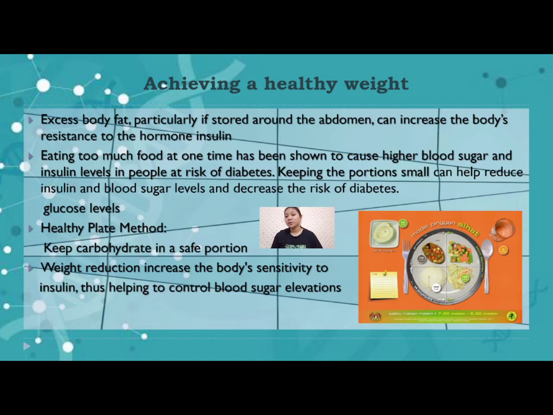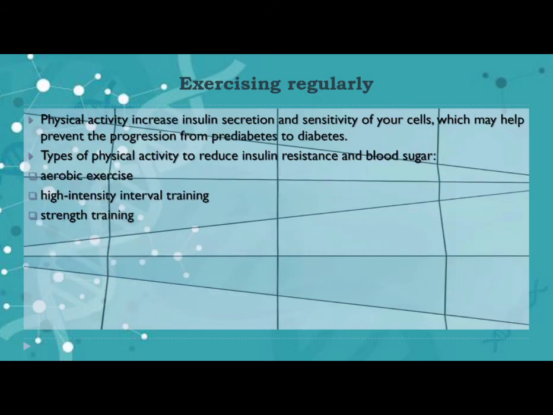People who are diagnosed with diabetes or pre-diabetes should begin with changing the amount of food they are eating. This is called healthy plate method to keep carbohydrate in a safe portion. Avoiding large portion sizes can help reduce insulin and blood sugar levels and decrease the risk of diabetes.